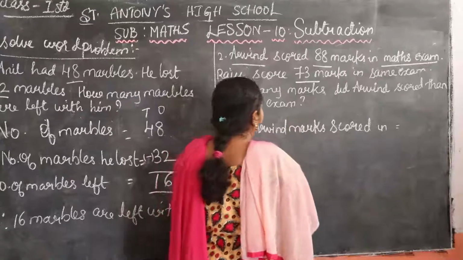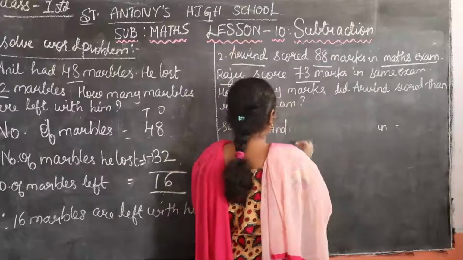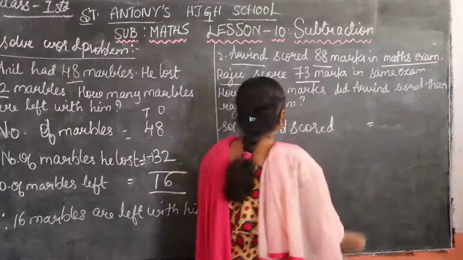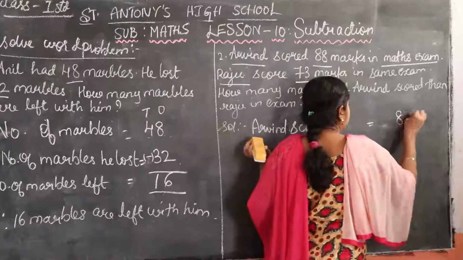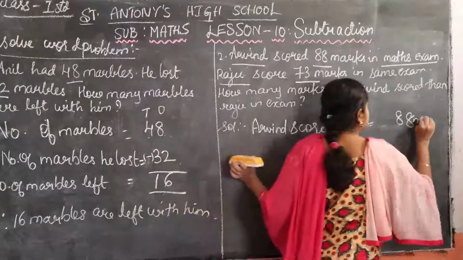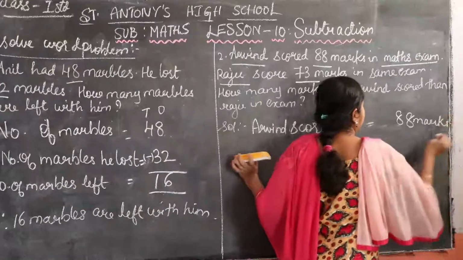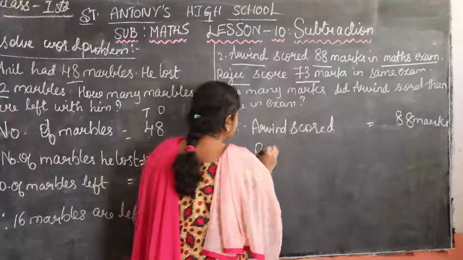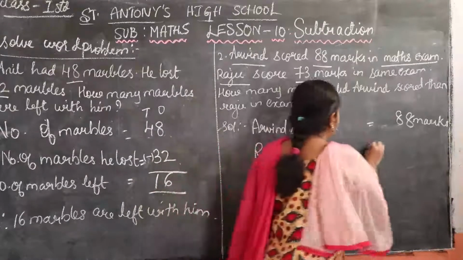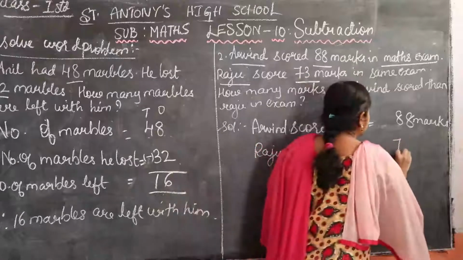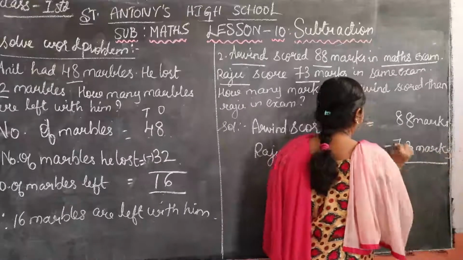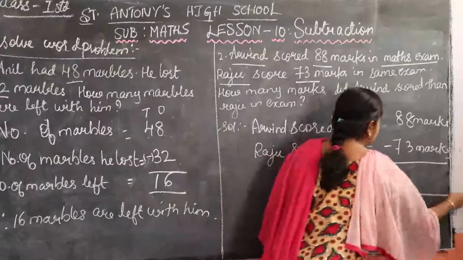How much Arvind scored? 88 marks in maths. Okay, next, how much Raju scored? Raju scored how much, children? 73. Raju scored 73 in maths. So what we have to do? We have to subtract it now.